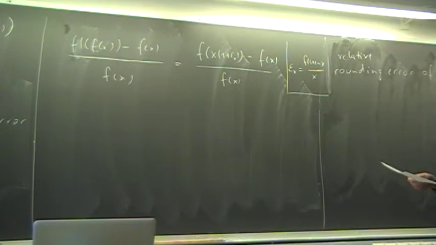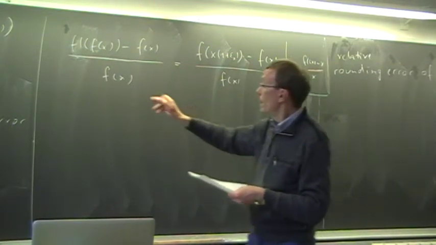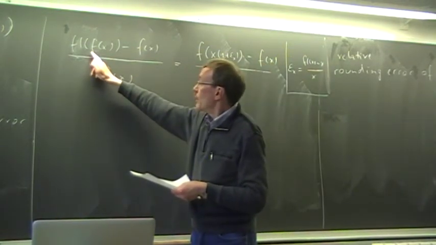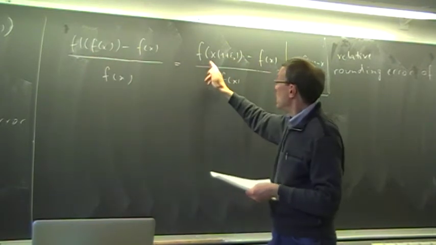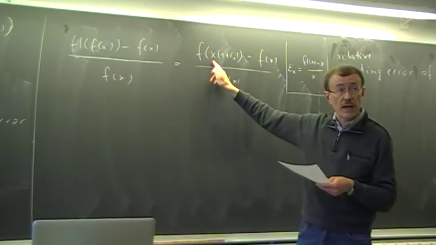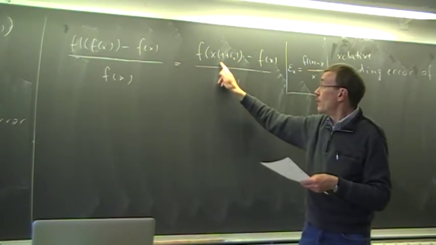And now we just concentrate on this here. Here I think I should make a point because here I made an assumption. The floating point of the function of x, I just represent it as the function of the floating point of x.